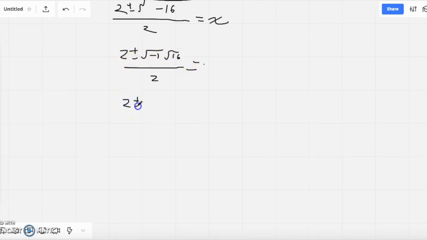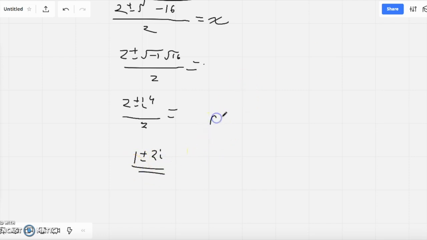So that's going to be 2 plus or minus i, and then the square root of 16 is 4, and then that's all going to be over 2. And then we're going to put this into a plus bi form and simplify it. So that's going to simply cancel, and that's going to be 1 plus or minus, and then 4 divided by 2 is going to be 2i. So those are our last two roots.